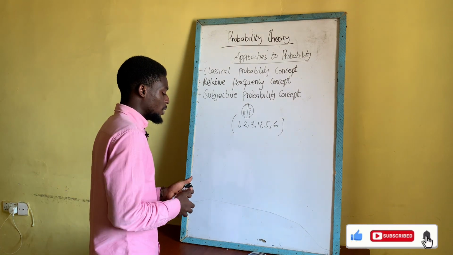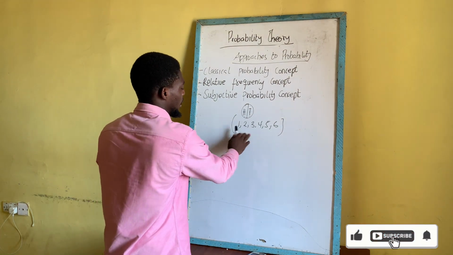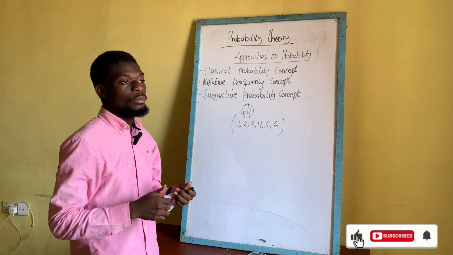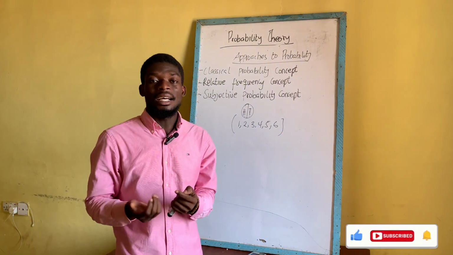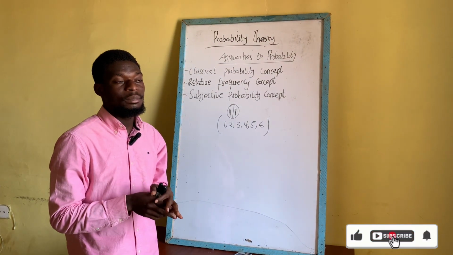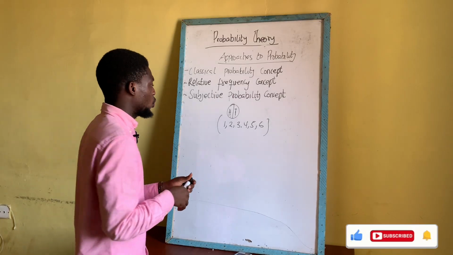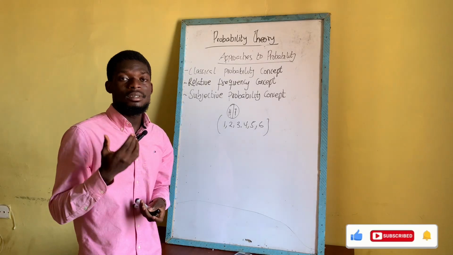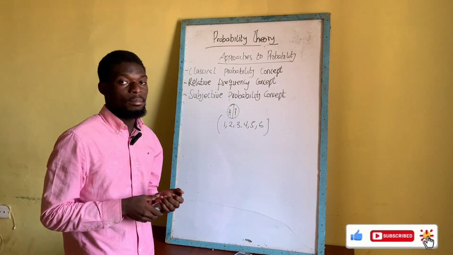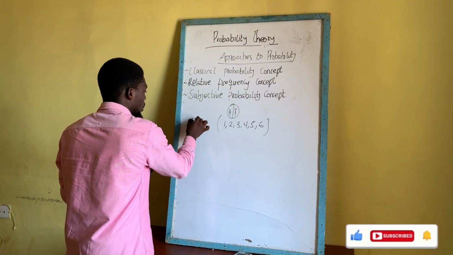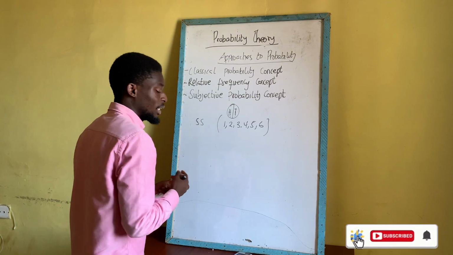So, let's say we have a die and we've rolled that particular die. What is the probability that we get an odd number? In this case, the odd number that we are getting becomes our event. This is our sample space, S. And we have to find the probability that we get an odd number.